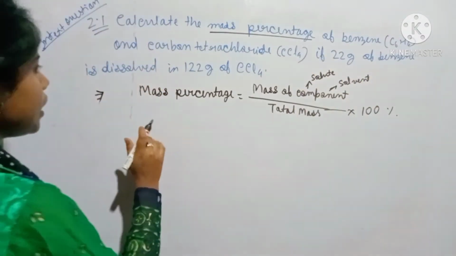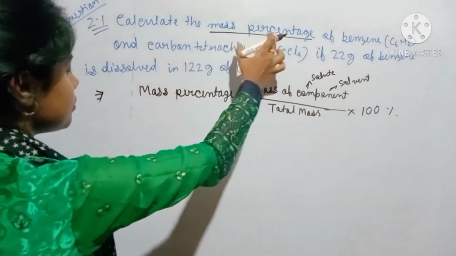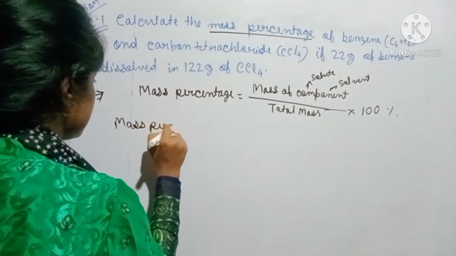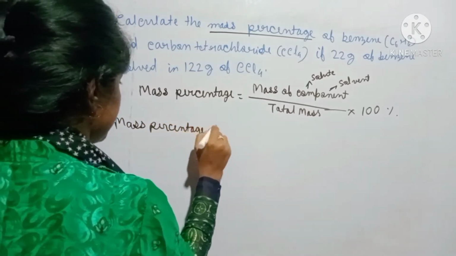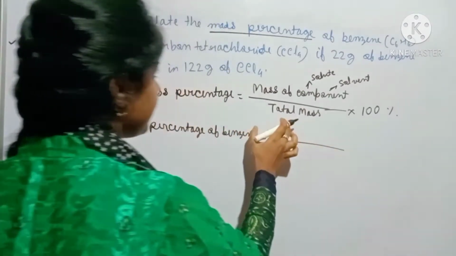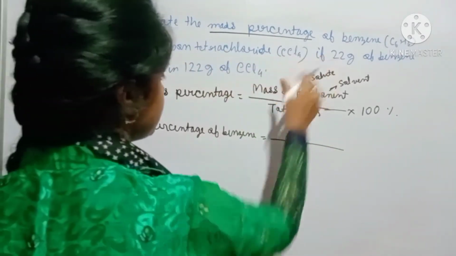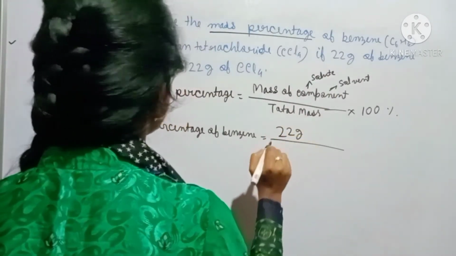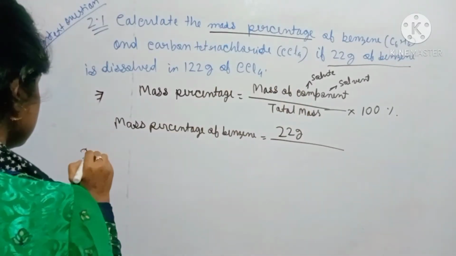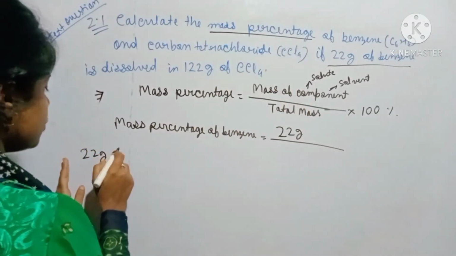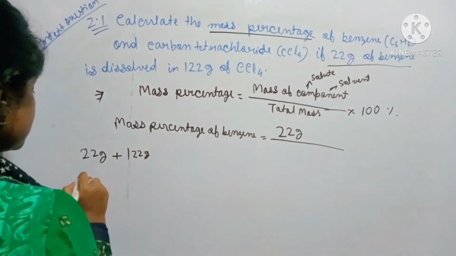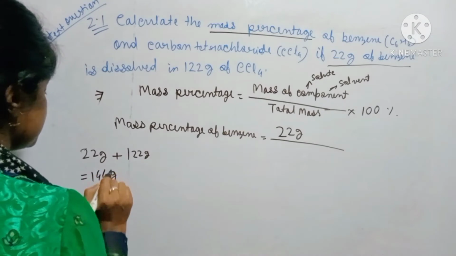Okay, so first of all, we have to calculate the mass percentage of benzene. Here, the mass of benzene is 22 gram, and the total mass is 22 gram of benzene, which is solute, plus 122 gram of CCl4, which is solvent, and the total is 144 gram.